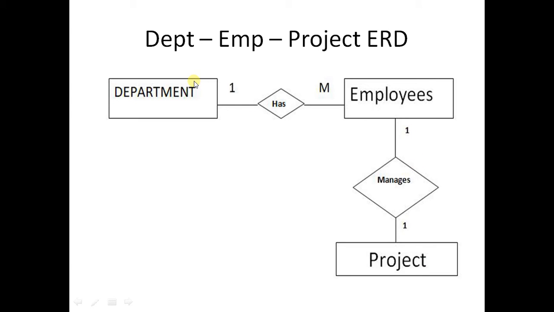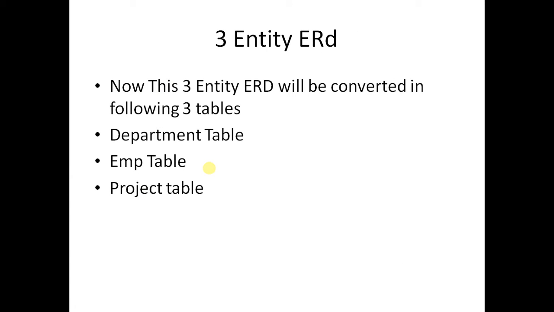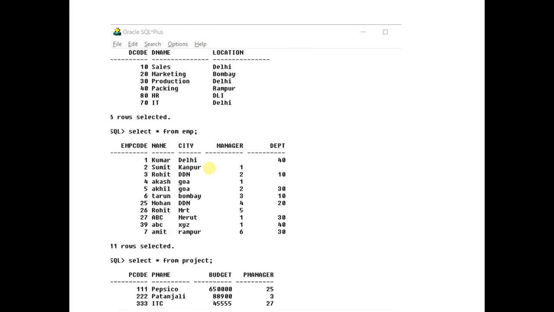So for this three-entity ER diagram, we will have the following three tables: department table, employee table, and project table, like this. I hope that you have already created the first two tables, department and employee, as per the requirement of my first two tutorials.